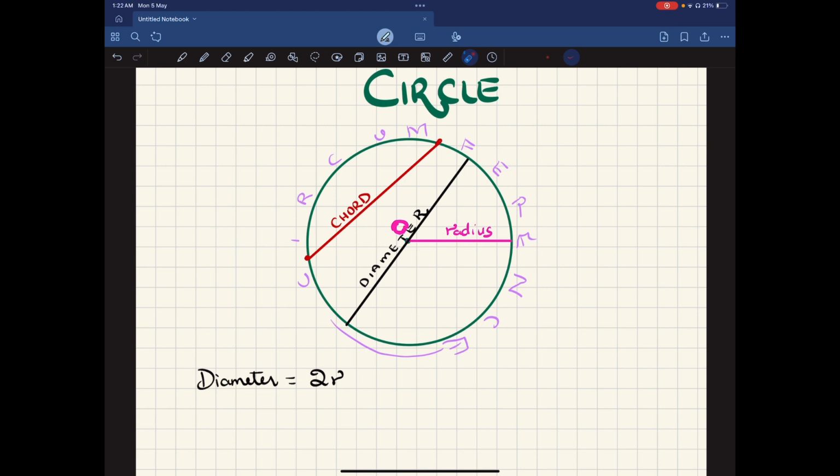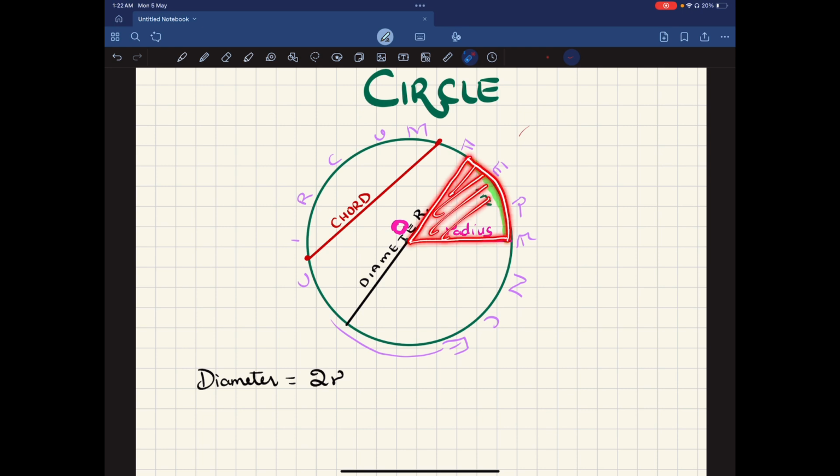Okay, so let's highlight an arc. This is an arc, an example of an arc. What is a sector? A sector is a region which is enclosed between two radii and an arc.